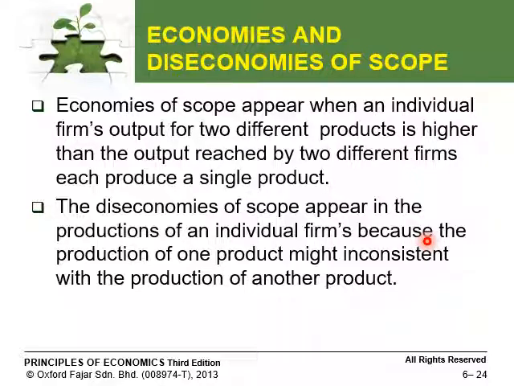In other words, one company can produce two products in much higher quantity than two companies each producing one product. Okay, that is what is meant by economy of scope.